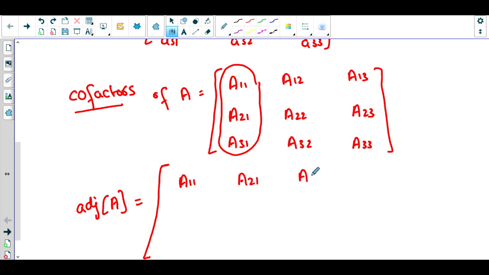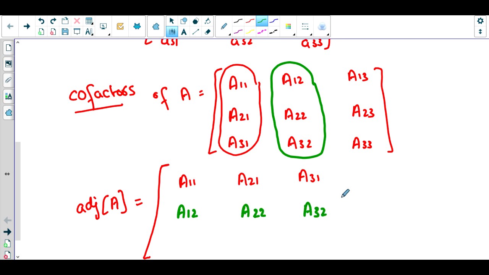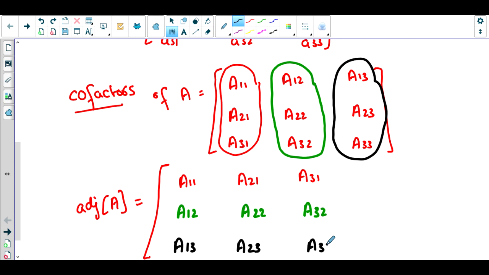The second column is C12, C22, C32. Take this column and write it in row format. Now take the third one, C13, C23, C33, and write it in row format. This is the adjoint.